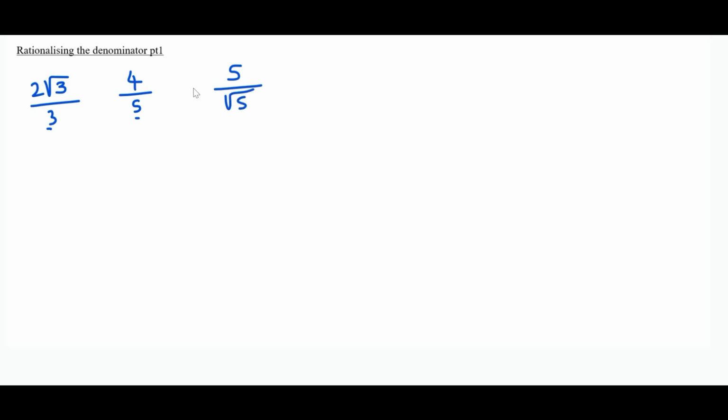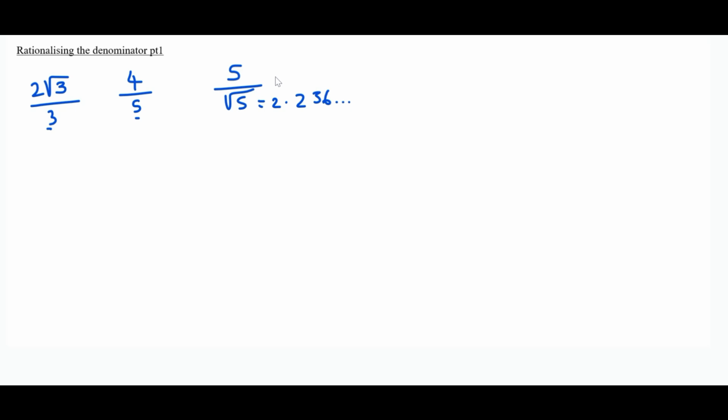Now, the problem with this is root 5 is an irrational number, meaning it will be quite hard to actually divide 5 by root 5, because this equals, if you have a look on our calculator, 2.236 onwards. So it's not the easiest thing to work out.